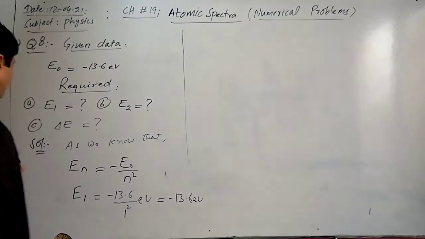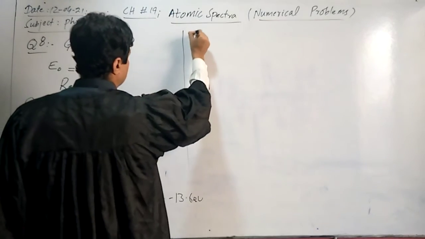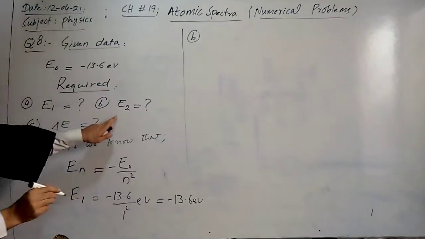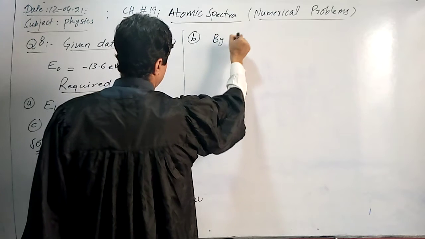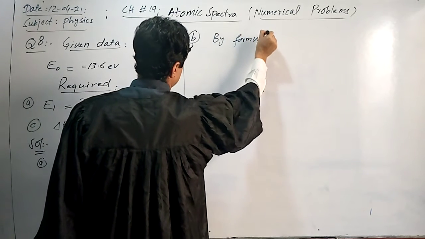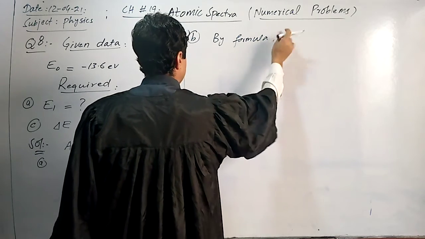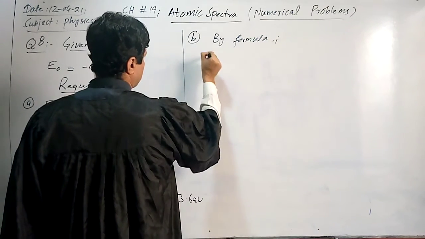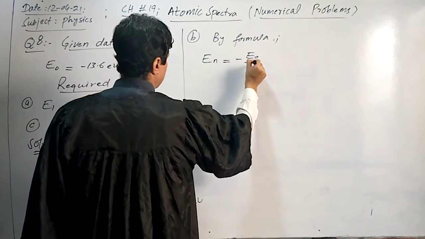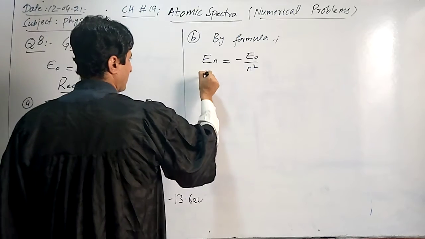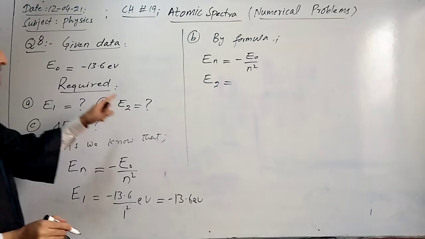Similarly, in option B, we have to calculate the energy of the second orbit. By formula, we know that En equal to minus E naught divided by n square. So instead of n, we put 2. E2 is equal to minus E naught. What is the value of E naught?